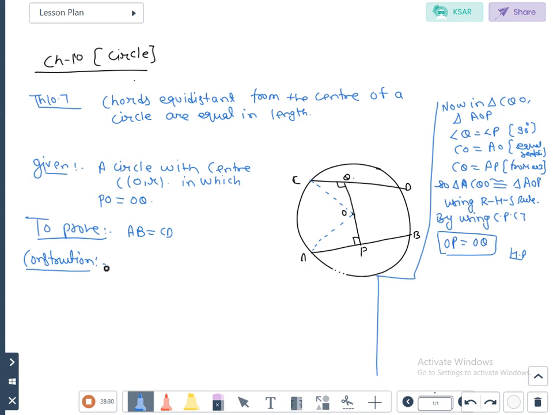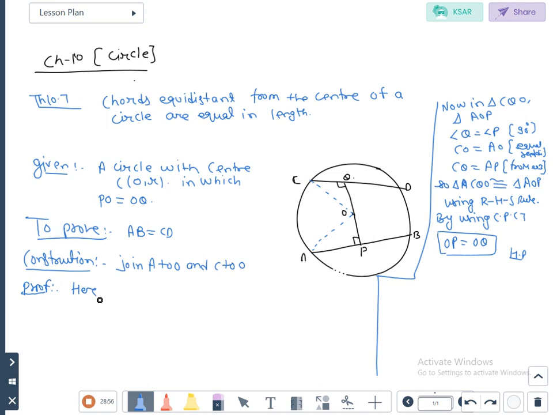In construction, what will we do? Join AO and CO. Now in proof part, how will we prove that AB is equal to CD? For that, firstly we will prove that AP is equal to CQ.